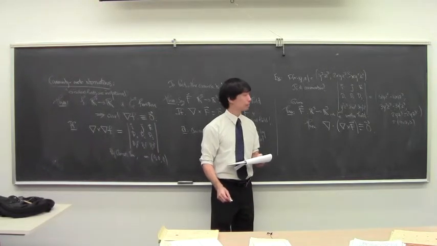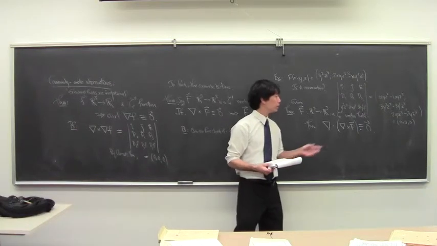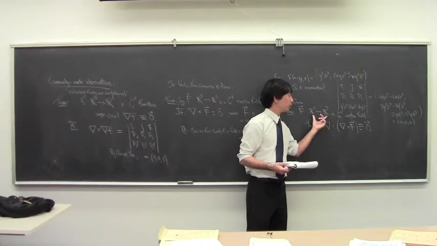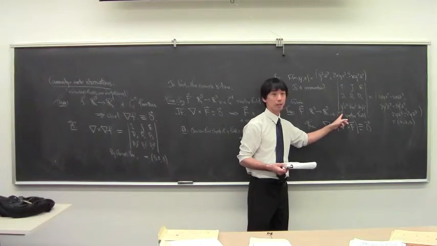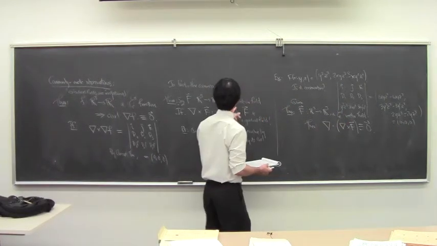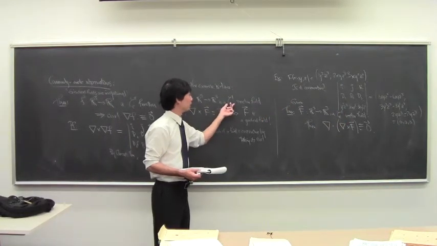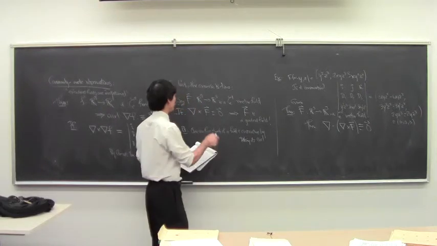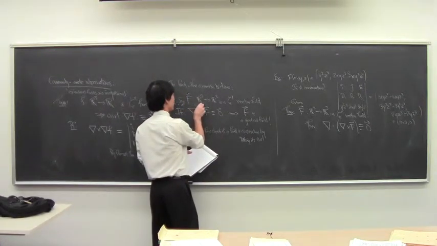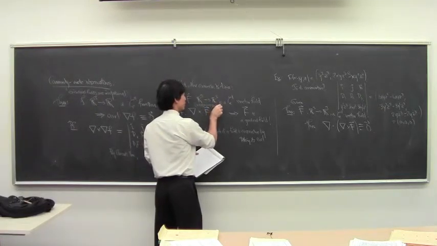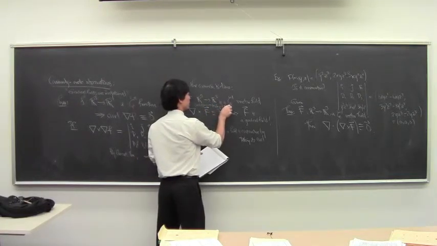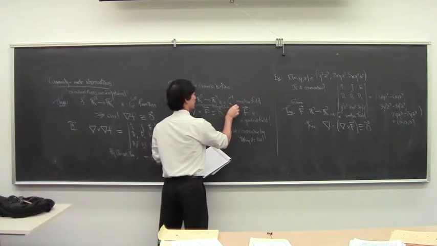Can you quickly explain the difference between a C1 vector field or a C2 vector field? It just means that the component functions are continuously differentiable up to a certain order. Here, x, y, z goes to f1(x, y, z), f2(x, y, z), f3(x, y, z).